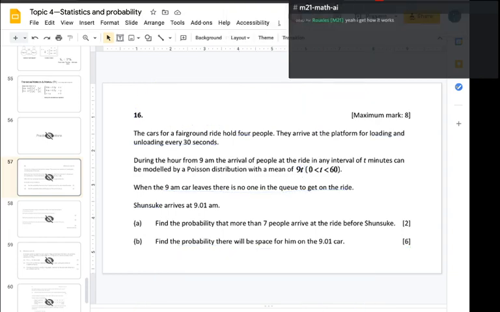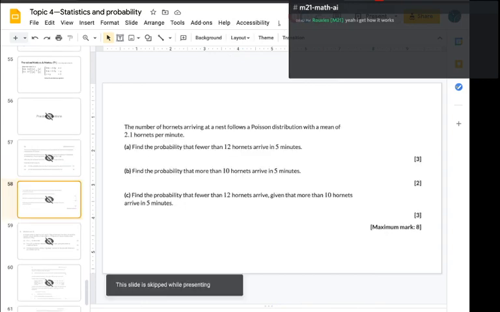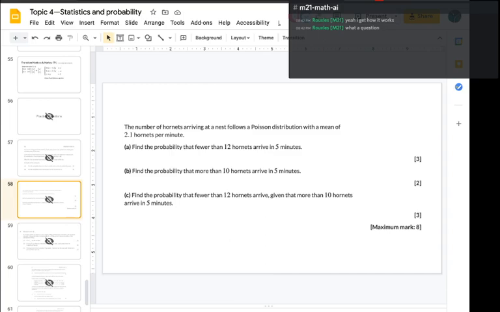Okay, next we have... what a question. Great. Okay, next we have, this is more Poisson distribution. The number of hornets arriving at the nest follows the Poisson distribution with a mean of 2.1 hornets per minute.